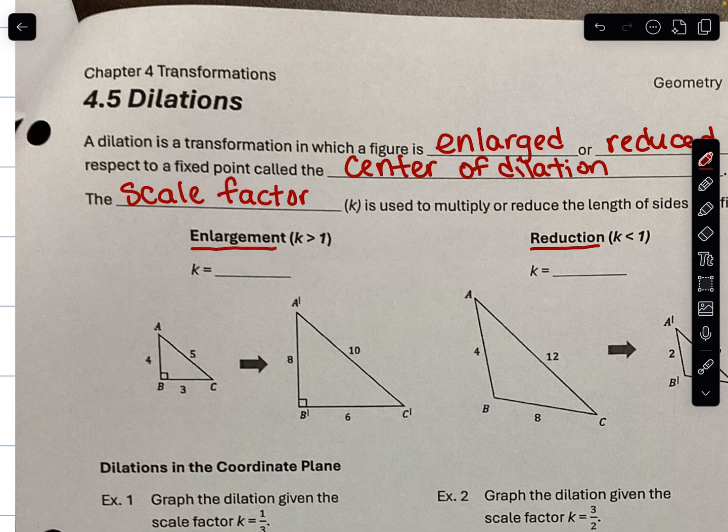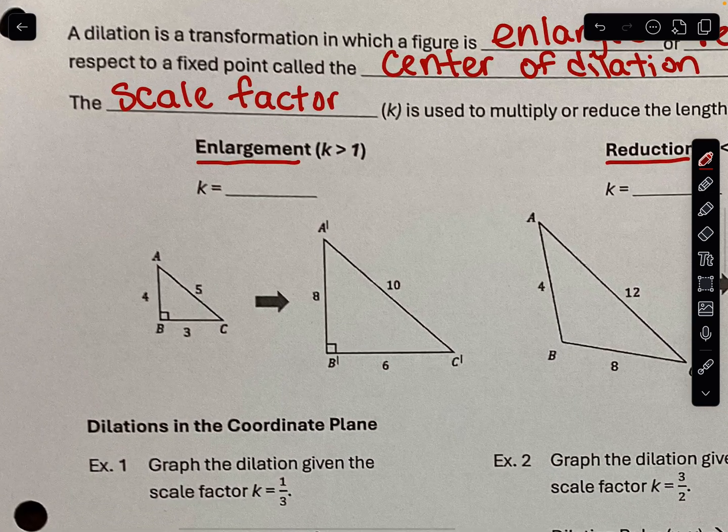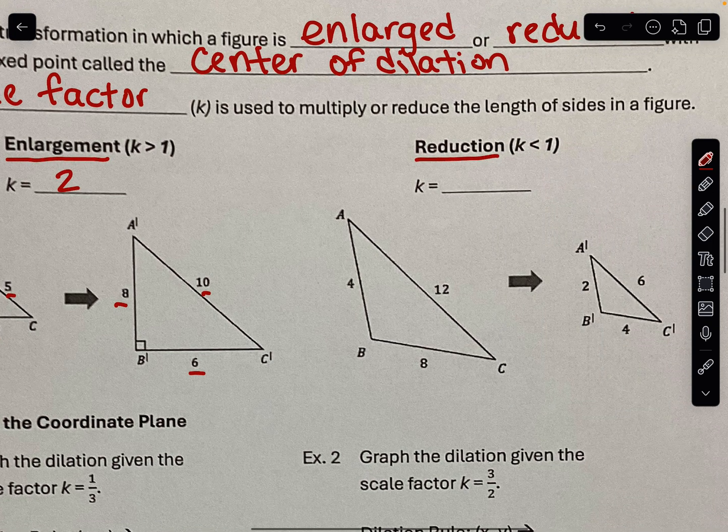So who can tell me on example 1, this is an enlargement, what would be my scale factor here? 2. How do you know that, Austin? Because all the numbers are times by 2. Because I went from 4 to 8, 3 to 6, 5 to 10. So my scale factor here would be 2. All right, what about on example 2? Okay, but we're using multiplication, so we're multiplying by 1/2.